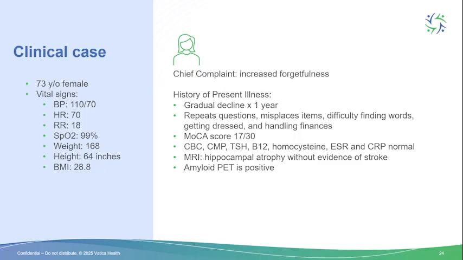There are no behavioral symptoms like agitation, mood disorder, or anxiety, so the dementia is without behavioral disturbance. And finally, we determined the cause of the dementia is Alzheimer's disease with the help of a positive amyloid PET from her neuropsych consult.